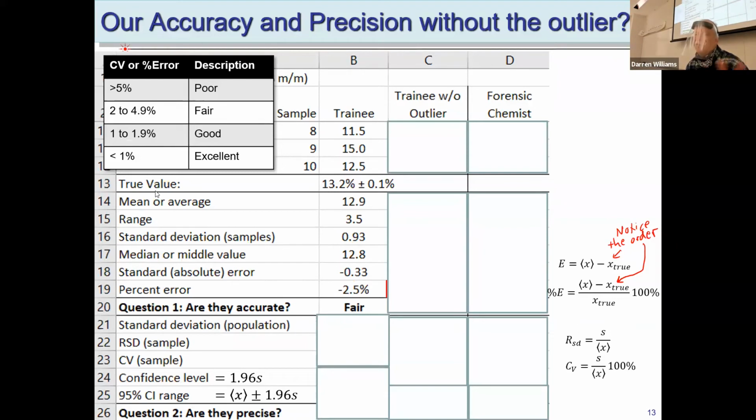But if you're 2 to 4.9, then that's fair. Okay, you're within 5%. That's not bad. If you're within 2%, I'd call that good. And if you're within 1%, I call that excellent. So these are just my categories that I use. But it's always good to define your categories. If I'm going to use words like to say your accuracy is fair, you need to know what I mean by that.